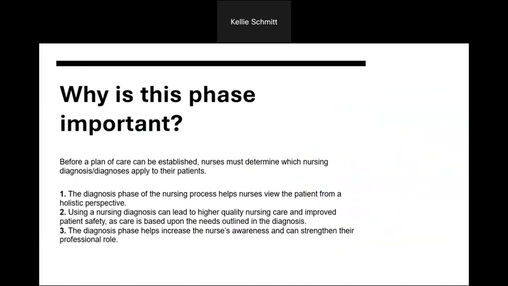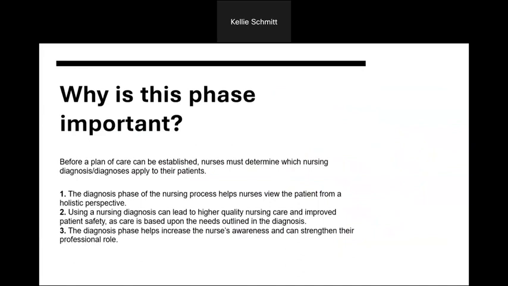Why is this phase important? Before a plan of care can be established, nurses must determine which nursing diagnosis applies to their patient. The diagnosis or multiple diagnoses helps nurses view the patient from a holistic perspective as a whole.